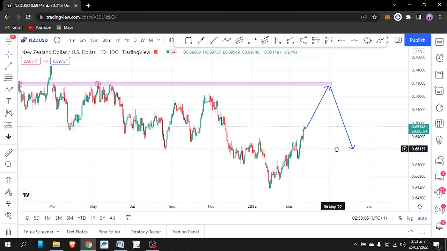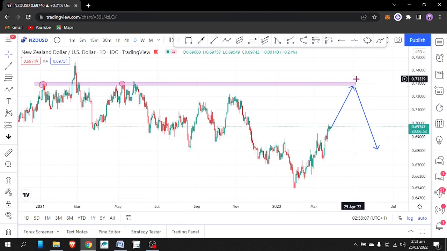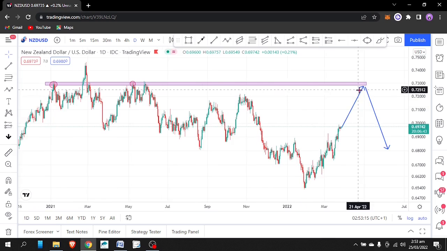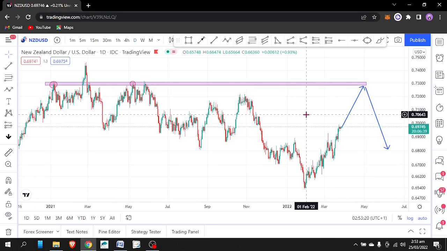Why? Because this zone is a resistance, and sellers might overcome buyers at this zone, because this is a significant resistance that a lot of people are seeing.